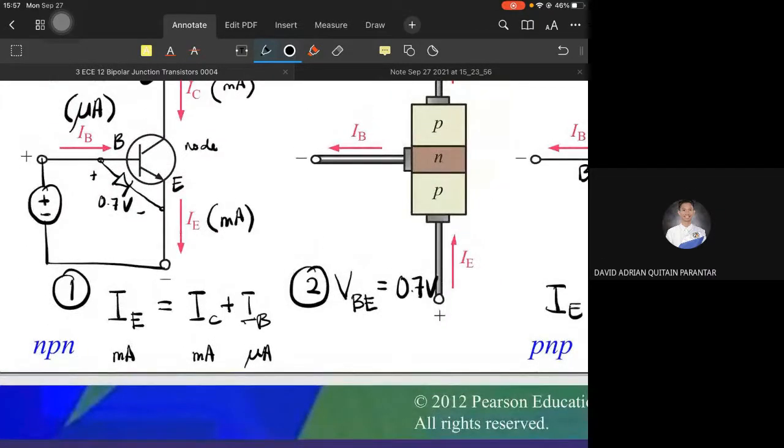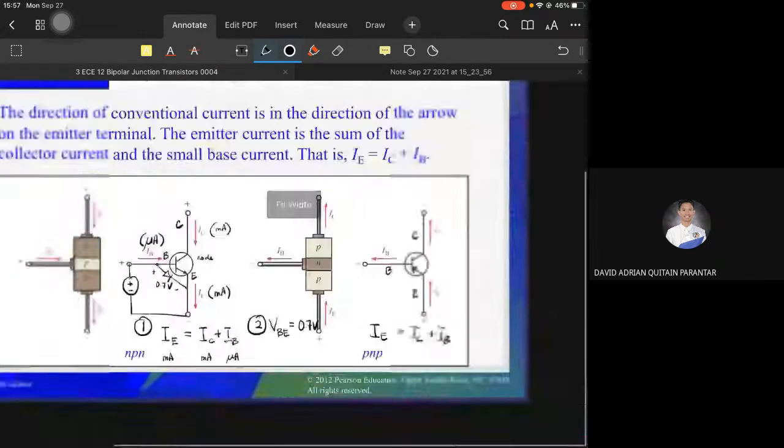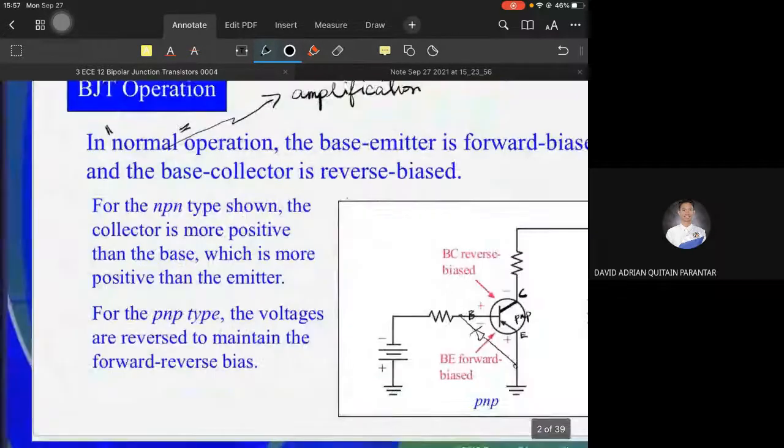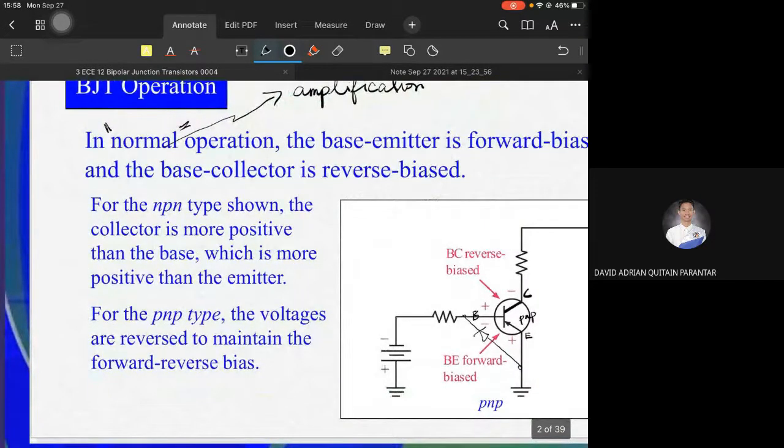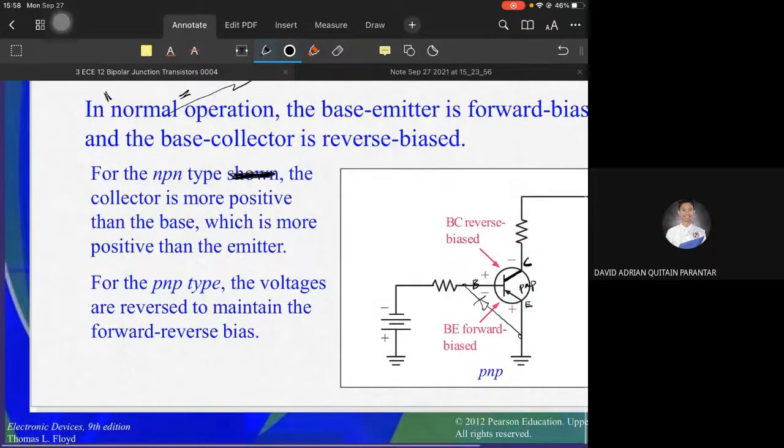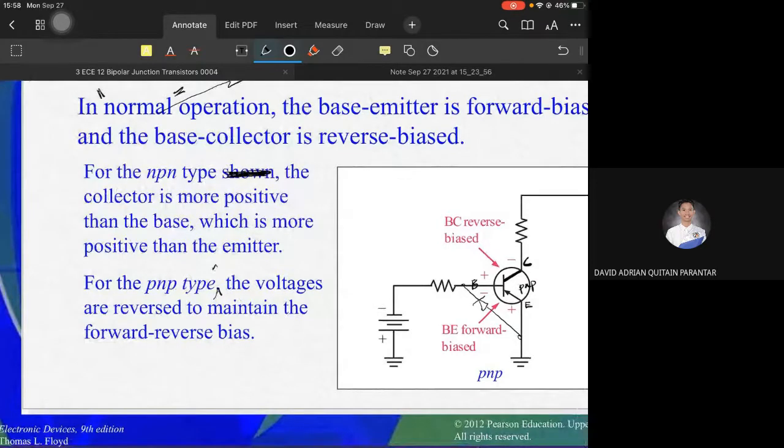Okay? So, please remember this one. So far, these two: IE is equal to IC plus IB, and VBE is equal to 0.7. For the NPN type, not shown, the collector is more positive than the base, which is more positive than the emitter. For the PNP type shown, the voltages are reversed to maintain the forward bias, a forward reverse bias.